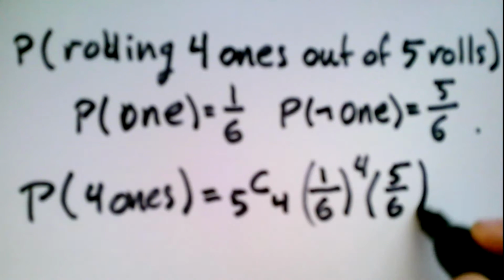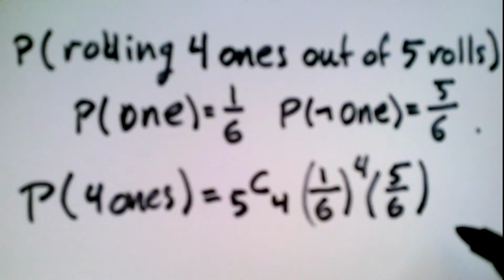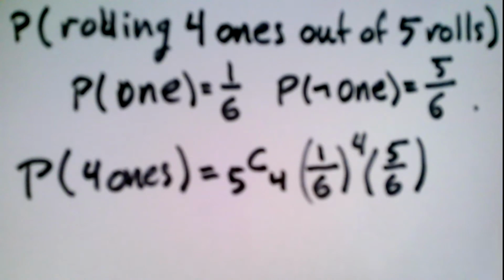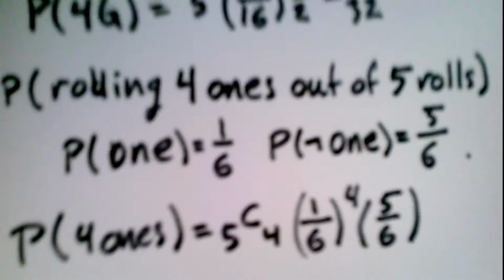In fact, the way this probability is being written is that we must have 1 failure, because we're taking the probability of getting exactly 4 ones and 1 thing that isn't a 1. So, with that, we can now simplify out our problem.